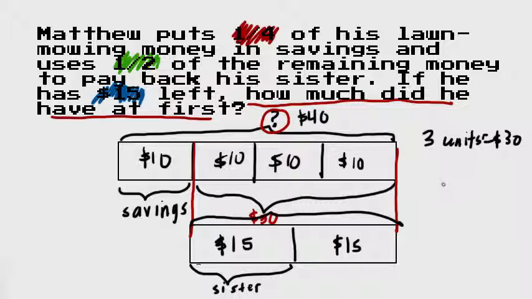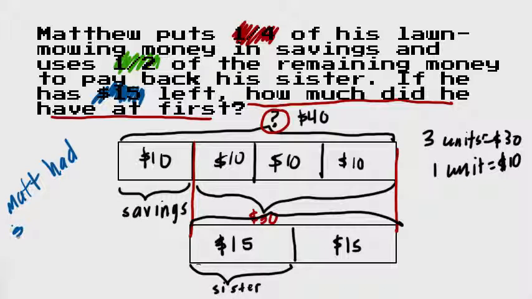And we know that 1 unit is going to equal $10. Okay, and all of them together is going to be $40. So Matthew had, I'm going to write it in a different color, Matt had $40 to start.